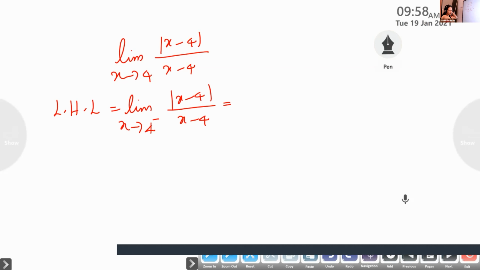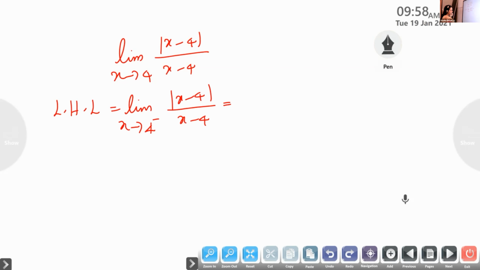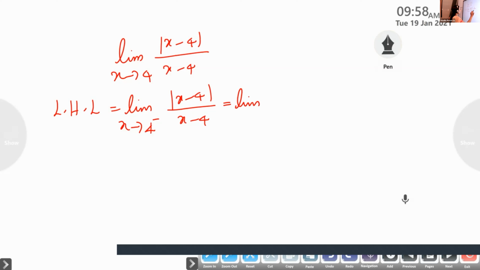For example, it may be 3.9, 3.95. So when you substitute 3.9, 3.95 and all in the numerator, this one will be negative. So modulus of the negative quantity will be defined as minus of x minus 4 by x minus 4. So on cancelling, you'll get the answer as minus 1.